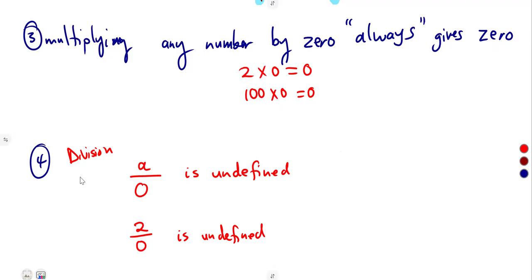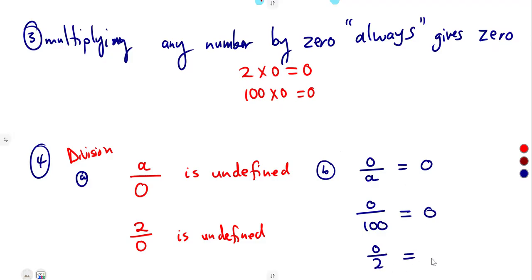Let's say this is our A, then this is our B. So 0 over A, 0 over any number, is equal to 0. Meaning 0 over 100 is equal to 0. 0 over 2 is equal to 0. That one exists. It's a 0. But any number divided by 0, that one does not exist mathematically.